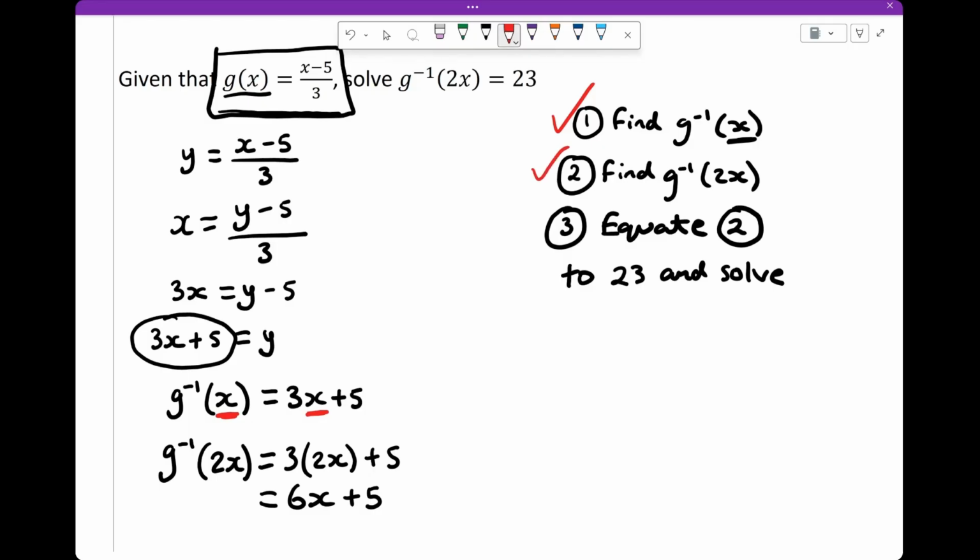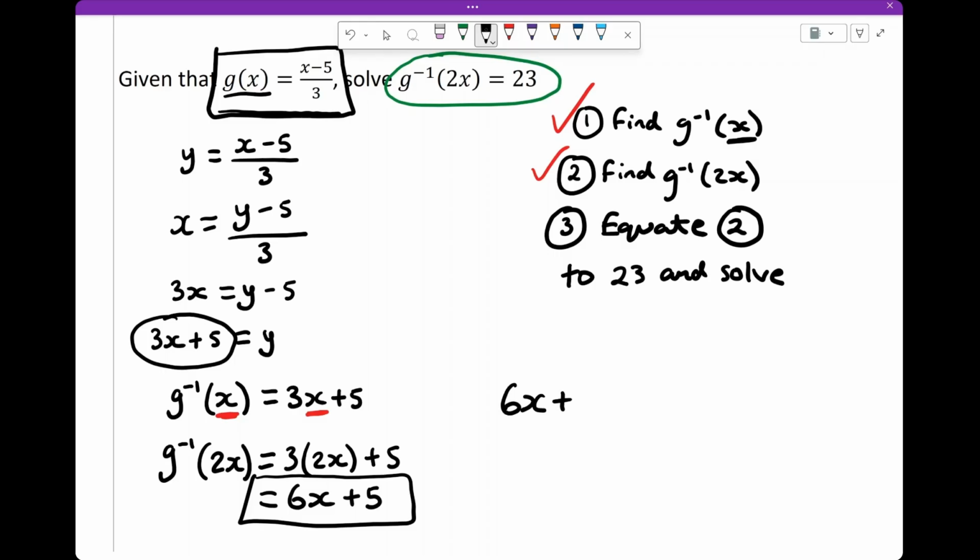Now let's move on to step 3, which is to equate what we found in step 2, so that's the 6x plus 5 down here, to 23 and solve. So we're making direct use of the equation we're being asked to solve in the question. Okay, so our inverse g of 2x is equal to 6x plus 5, and that has to be equal to 23. And now I have a simple linear equation to solve.